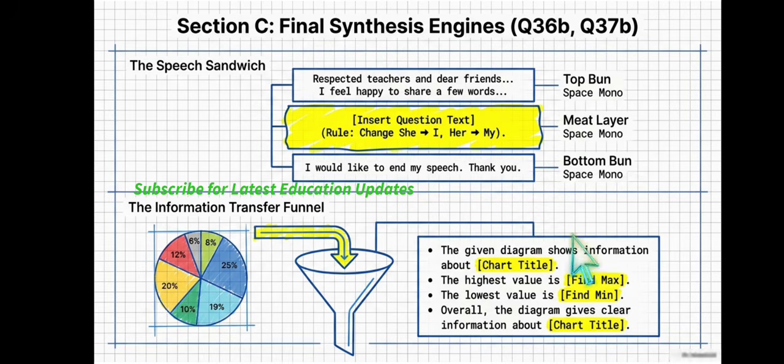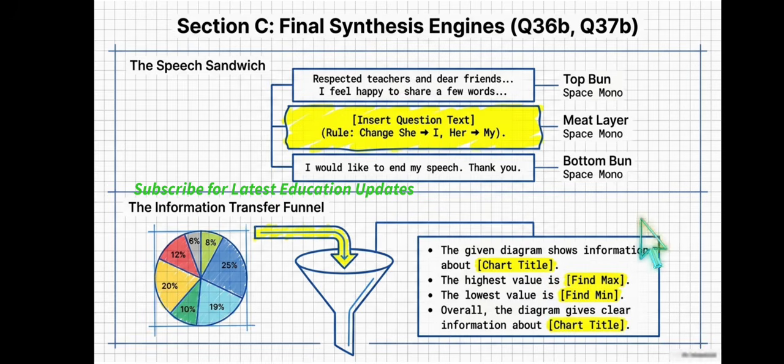And the last one is very easy here, the information transfer funnel, right? So here data is given and we have to transfer it into a text, composing a passage or a paragraph, right? So here, dear students, remember these lines: the given diagram may be a pie chart, a diagram or graph, bar graph or pie chart, right? Or any illustrative image, right? Shows information about the chart title, right?